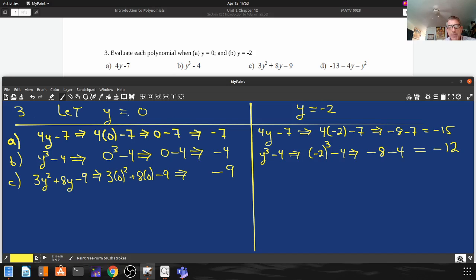That only happens when we set the variable equal to 0. When the variable is set equal to 0, all variable terms vanish. The only thing left behind is the constant terms. And if there were no constant term, which we will see in case D, no, it does have a constant term, then the answer would just be 0.